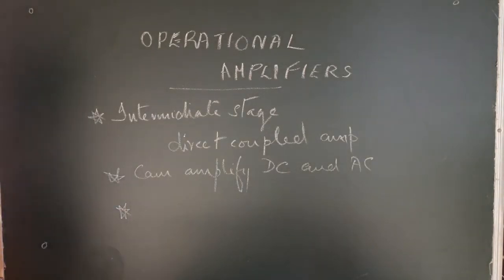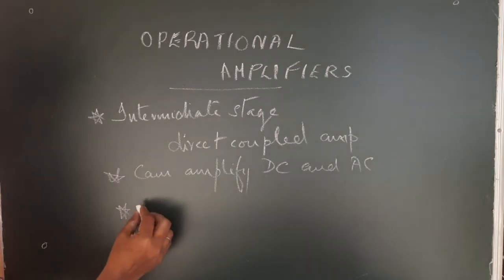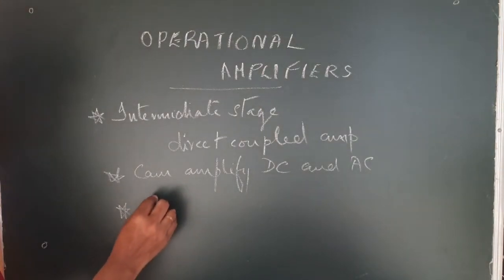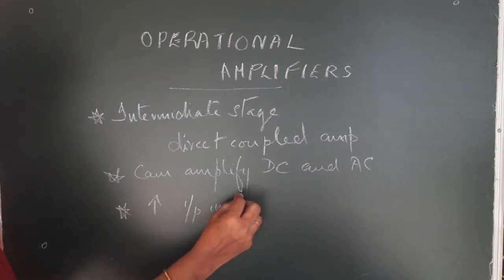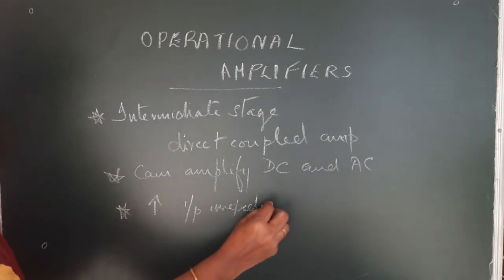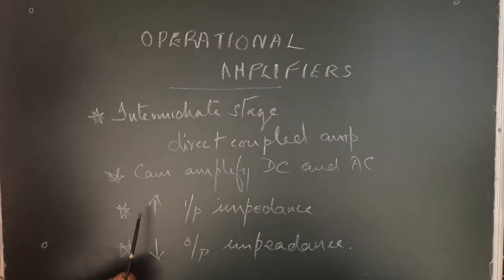Now, the next important point is that OPAMP has a very high input impedance and a very low output impedance.